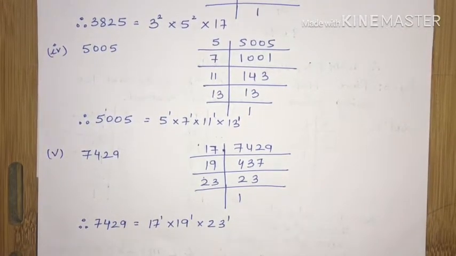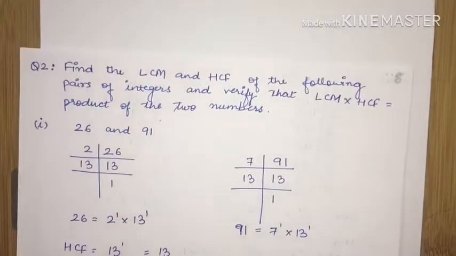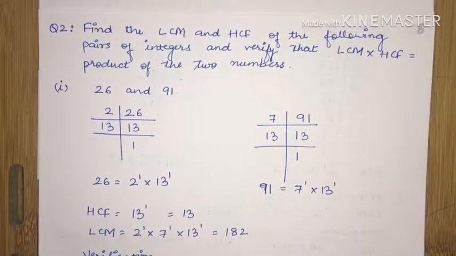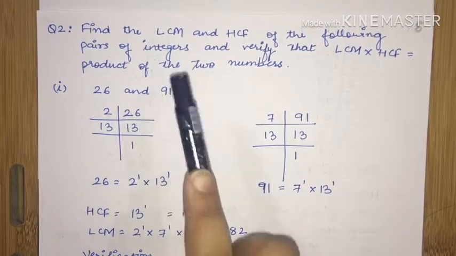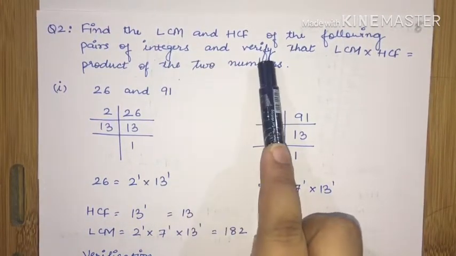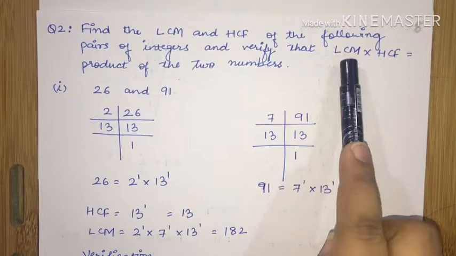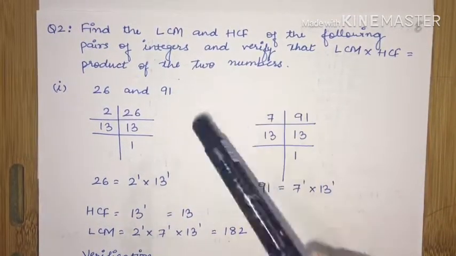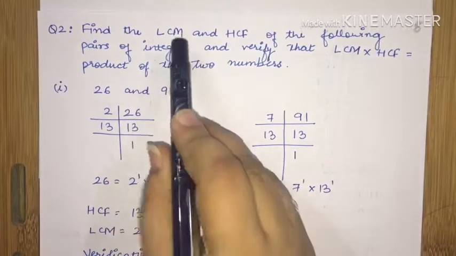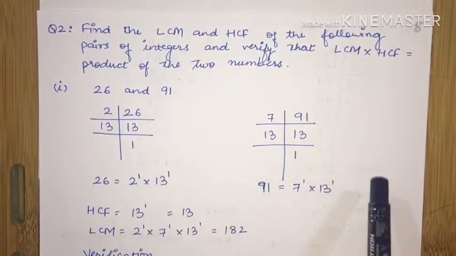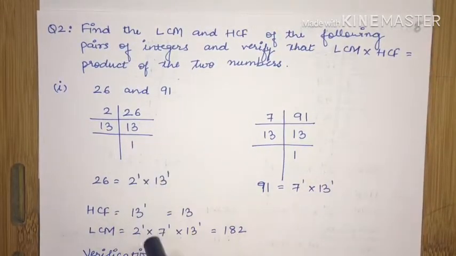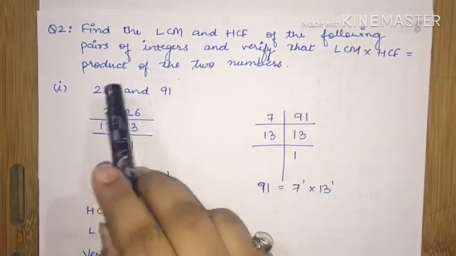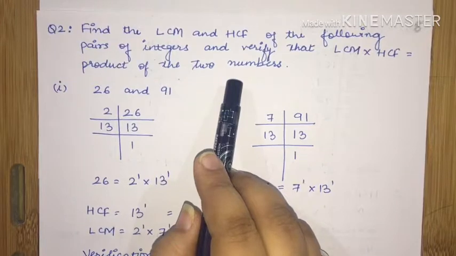So after this we'll do question number 2, which says: find the LCM and HCF of the following pairs of integers and verify that LCM into HCF is equal to the product of the two numbers. So over here we have to find LCM and HCF by the prime factorization method, and then to verify we have to use the formula LCM into HCF equal to product of two numbers.